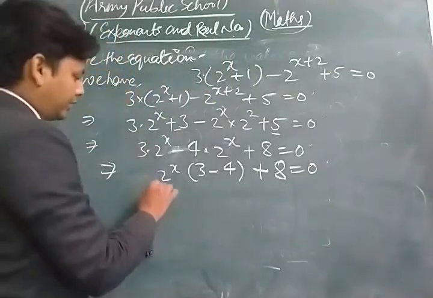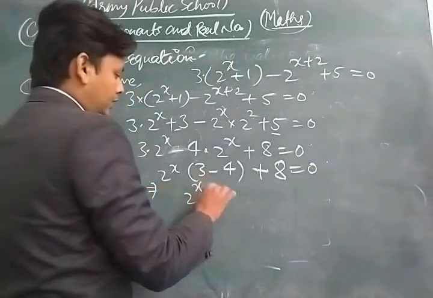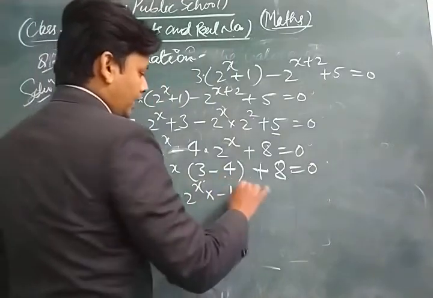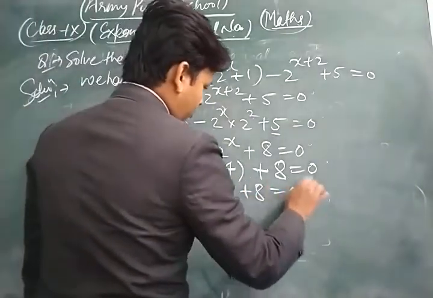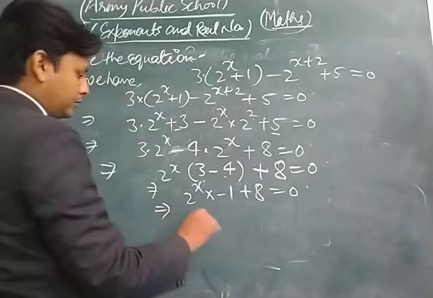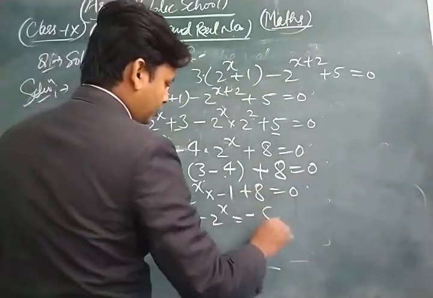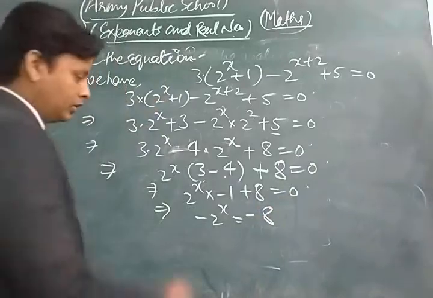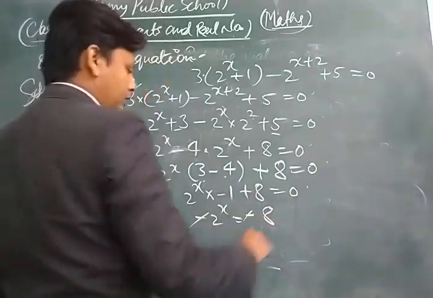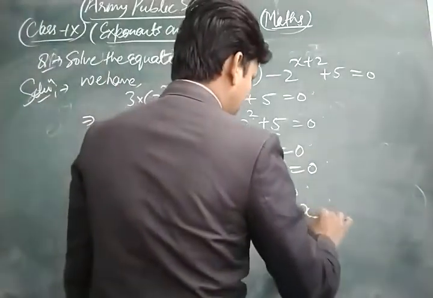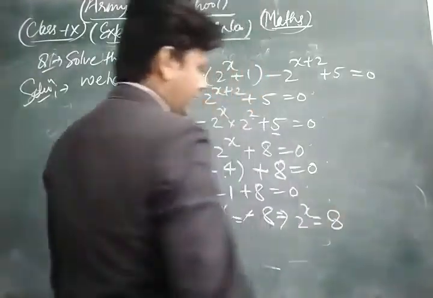Now 2 power x into minus 1 plus 8 is equal to 0. Now we write minus 2 power x, and plus 8 transferred to that side becomes minus 8. So minus minus cancel each other, and we can write 2 power x is equal to 8.